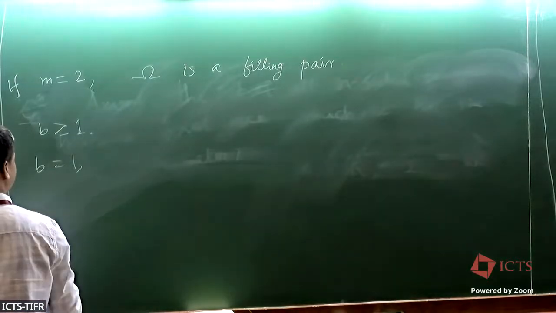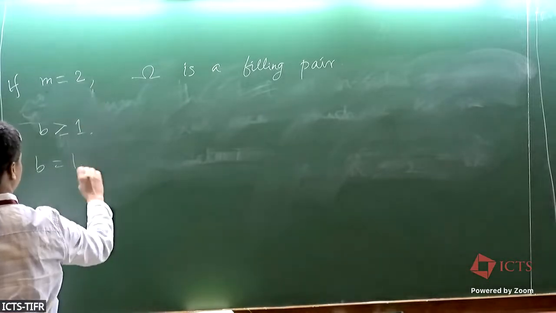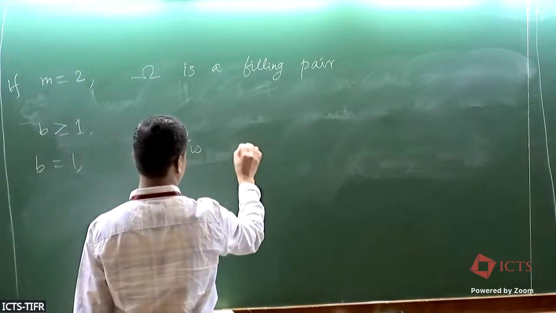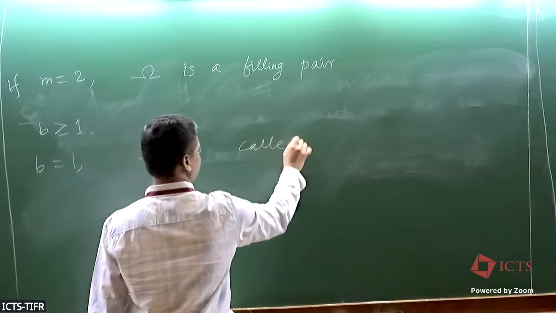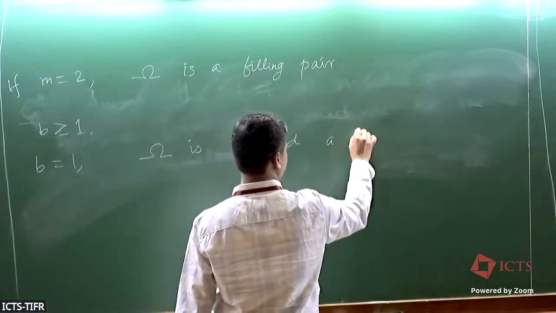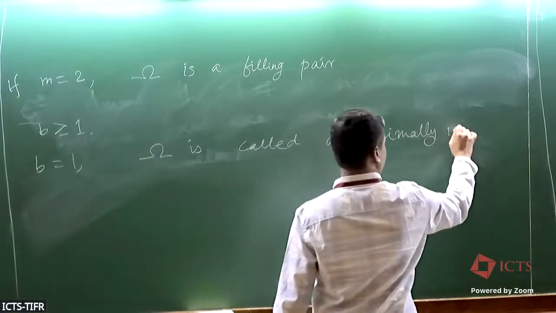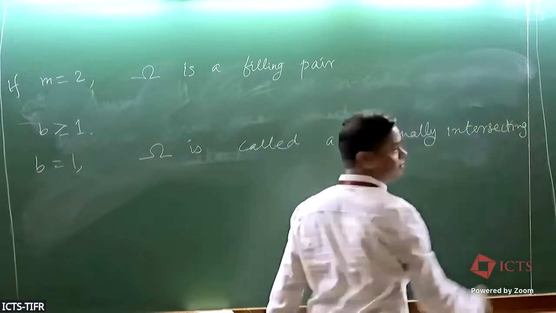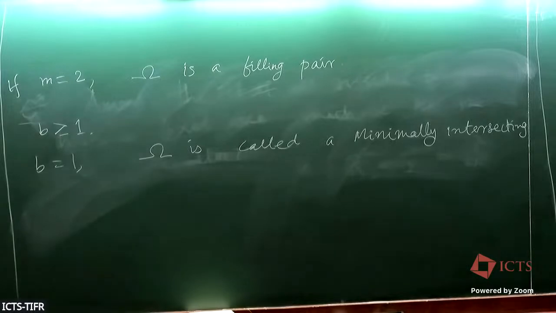So for b equal to 1 and m equal to 2, it is called a minimally intersecting filling pair. b is the number of complementary disks.